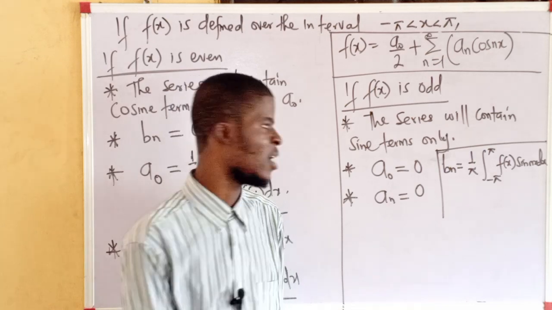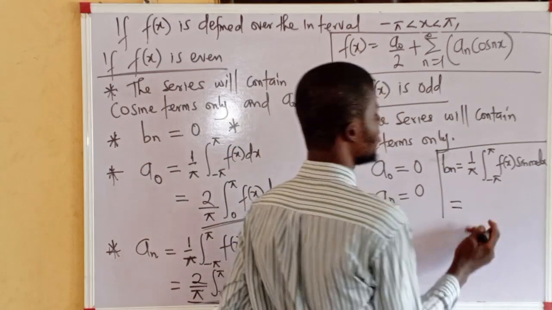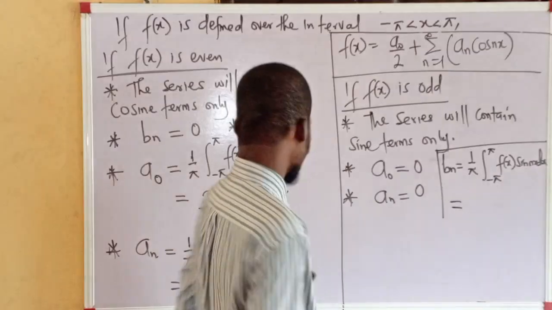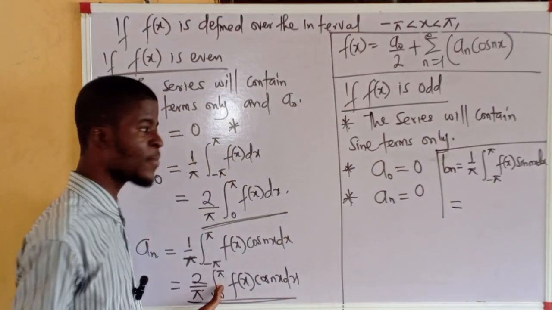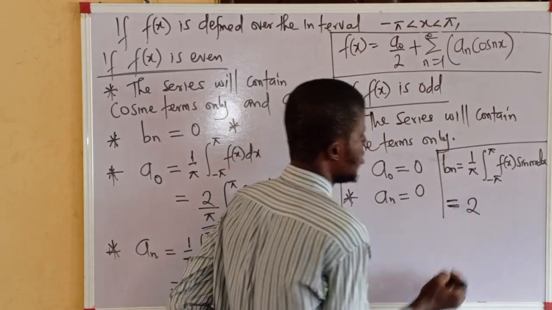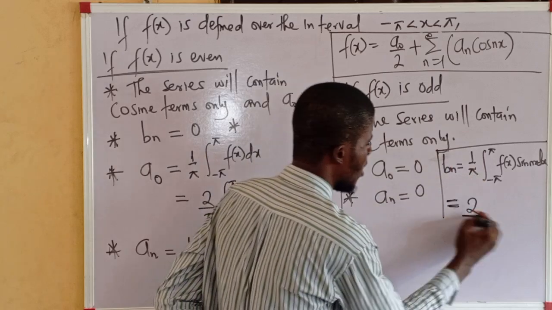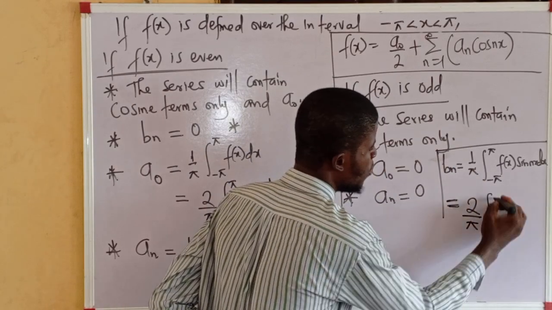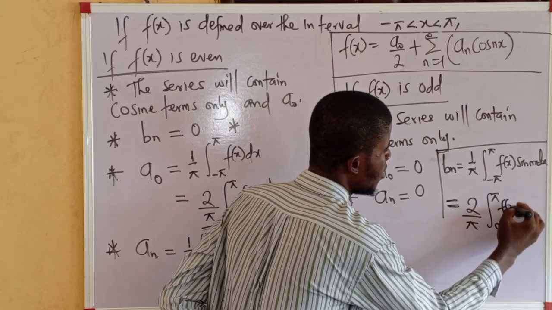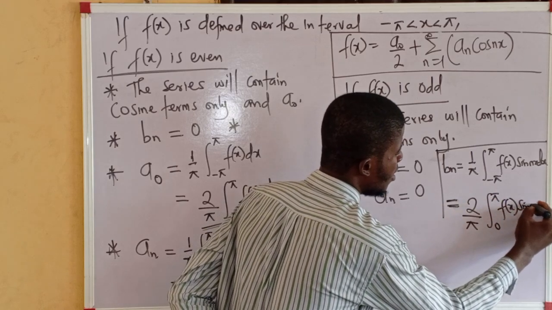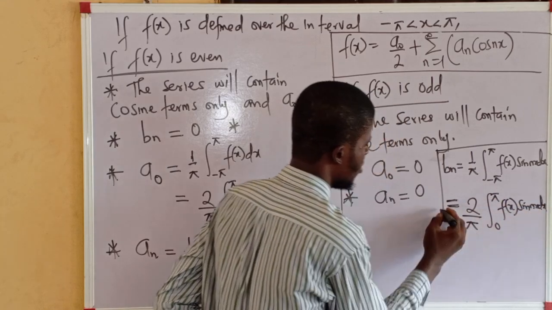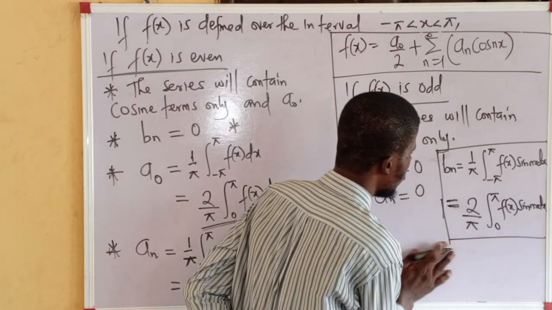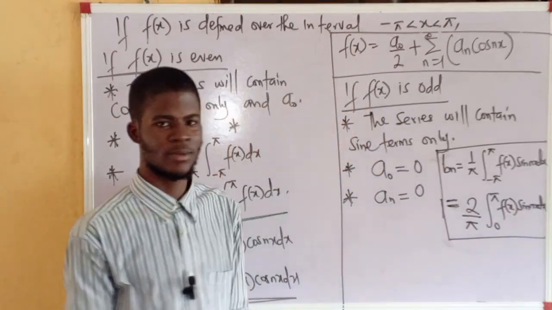So what it means is that we can take half of the range, just like we did here, from 0 to pi, okay? 2 times 1 over pi, which is 2 over pi, times the integral from 0 to pi of f of x sine nx dx. So this is b sub n for an odd function.